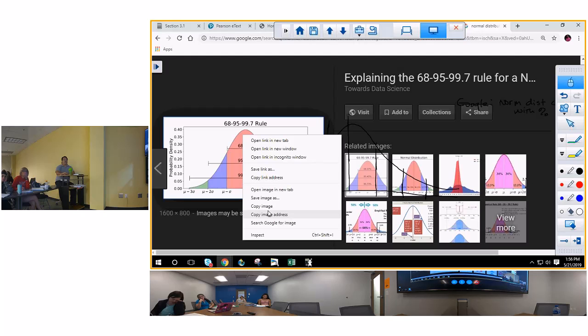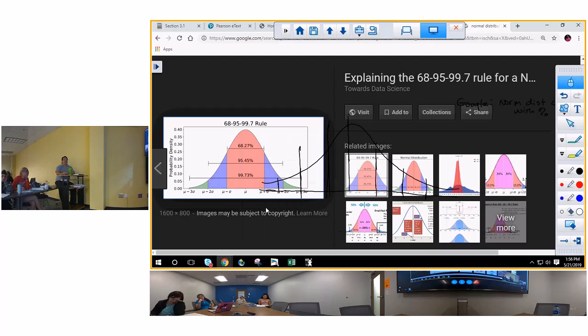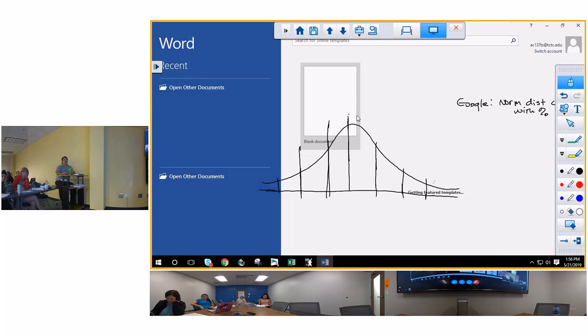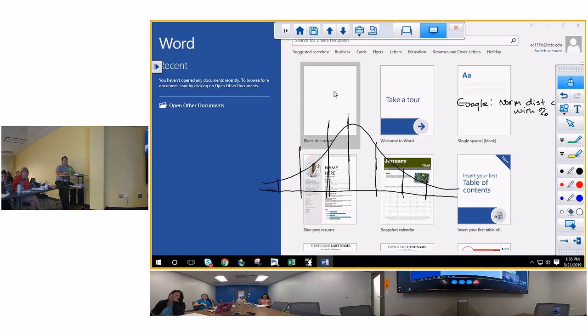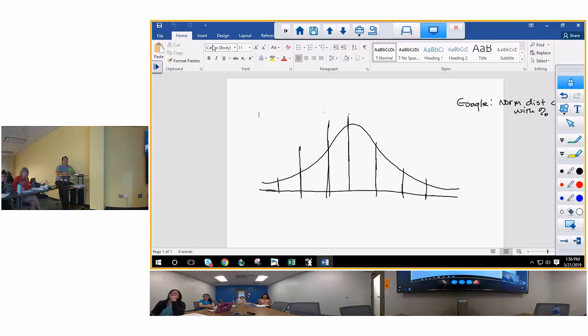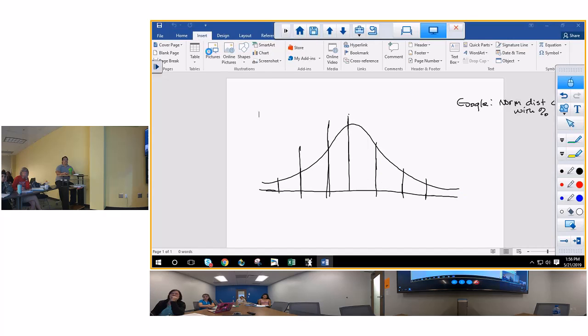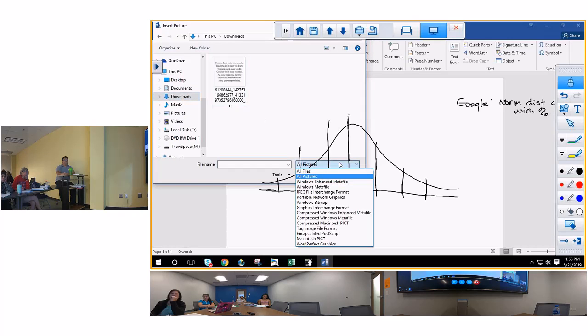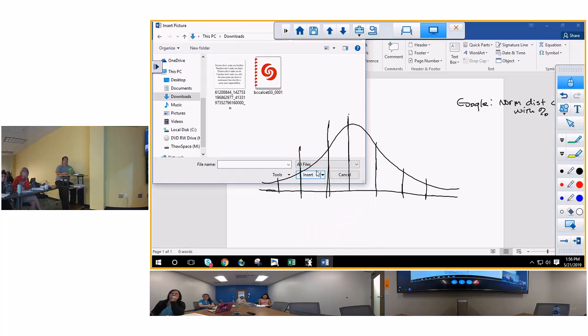Copy image, and bring it up. I'll even show you how to do it. I'm doing it for the one person that's going to do it. Pull up the word processor, insert, picture, and I guess it saved it under downloads. Well, it didn't save it.